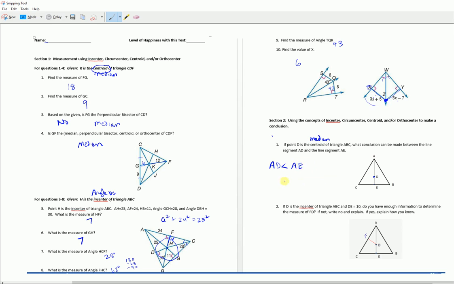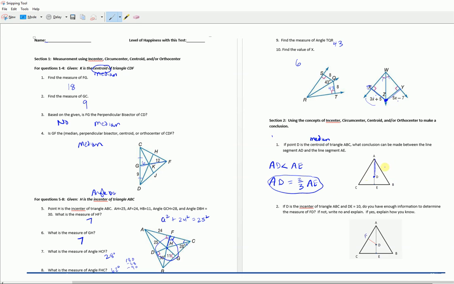That's certainly true, but it's probably the weakest answer. We could say that AD is equal to 2/3 of AE. I think this is the best. I don't even think I would give credit for the first one, because that is just looking at the picture and going, well, this is shorter. This one is using the definition of the centroid.